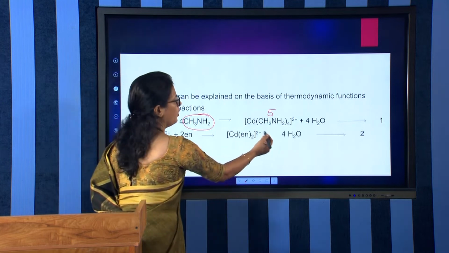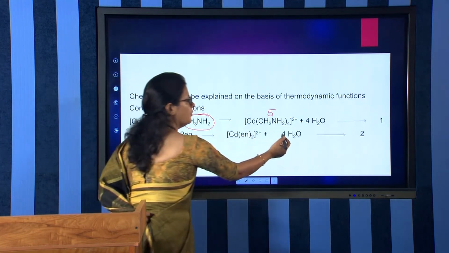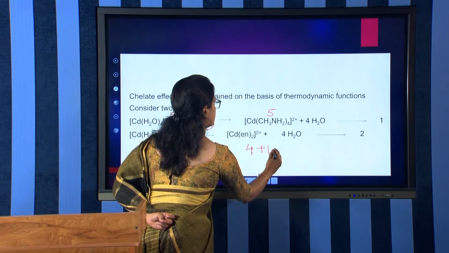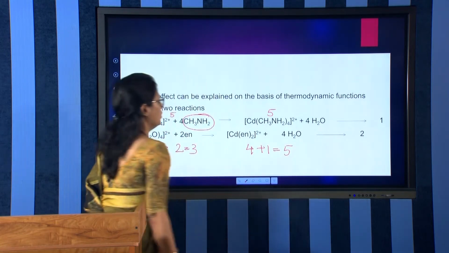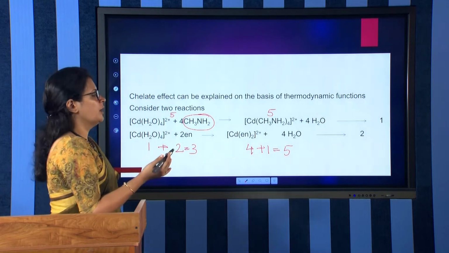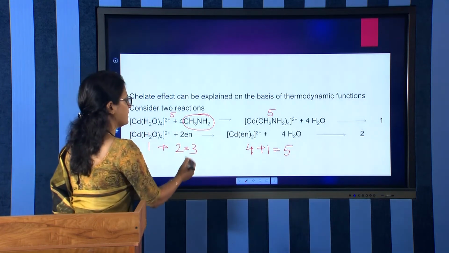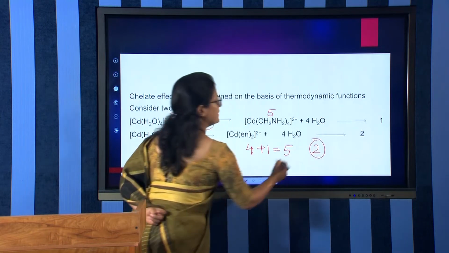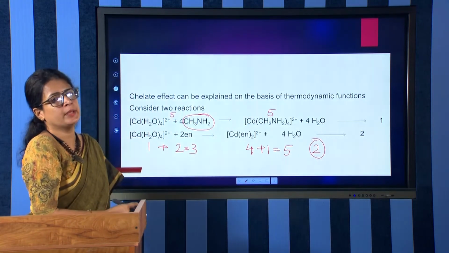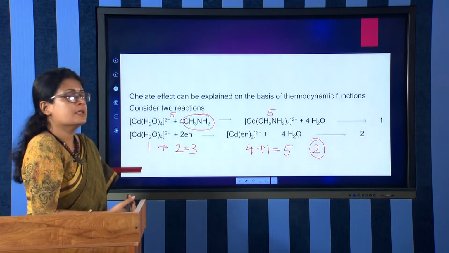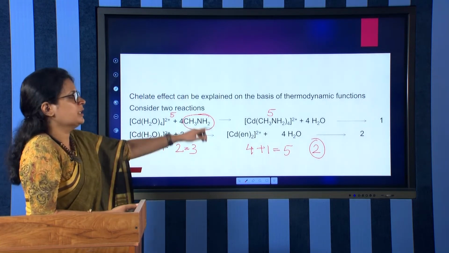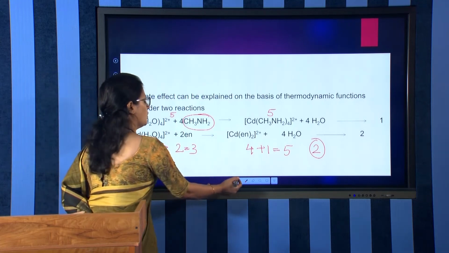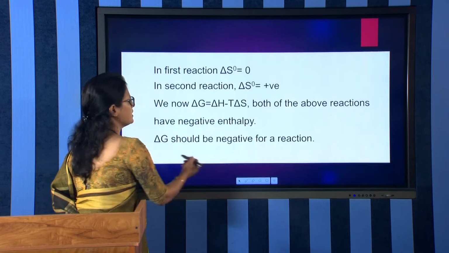And how many molecules of products are formed? 4 plus 1, that is equal to 5. So you subtract: 5 minus 3 is 2. The change in entropy is positive in the second reaction, but in the first reaction it is 0. So delta S0 in the first reaction is 0, in the second reaction it is a positive quantity.